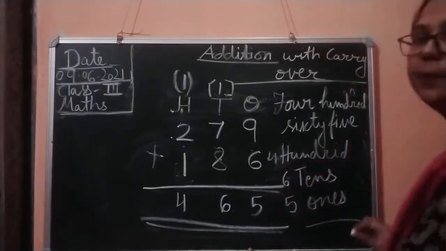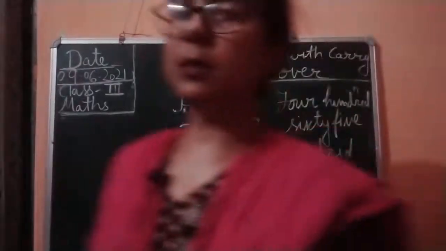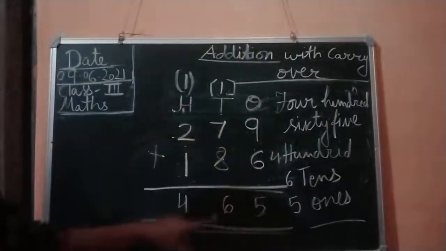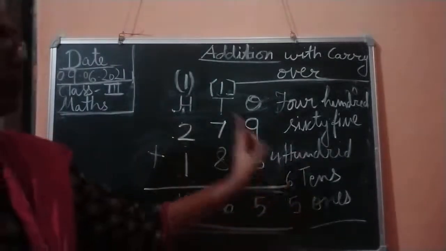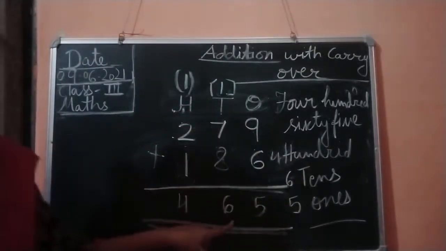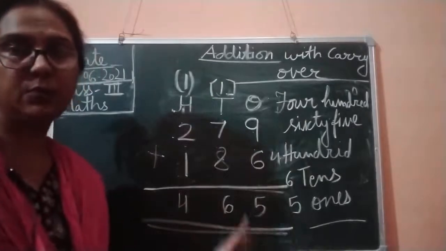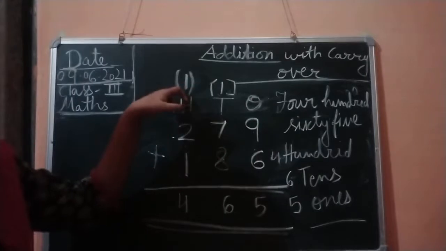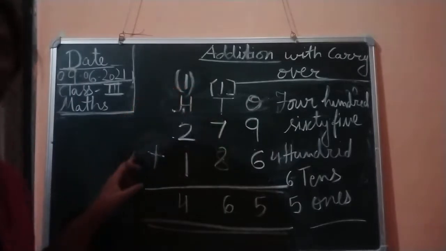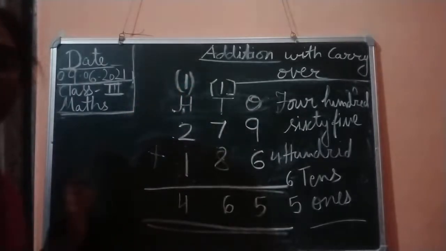Okay, in detail I have written, because we get 16 over here, so 16 tens, it means 106 tens. So that is why we will carry over here 1, and that will be included in hundreds.